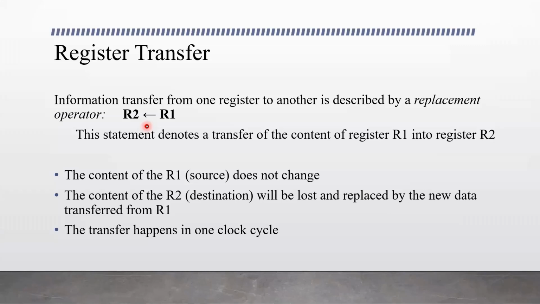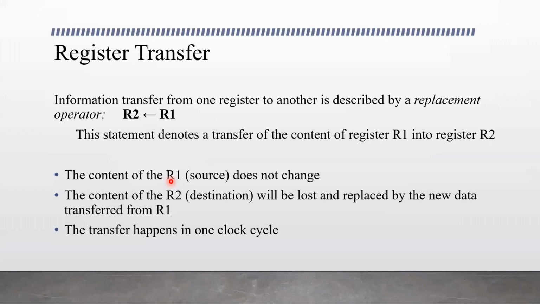As the arrow points from left to right, we say that the information transfer occurs from R1 to R2. So this particular operation denotes the transfer of content from register R1 to R2. Once this operation is performed, the content of R1 does not change. The source register will keep the same information, and it is also transferred to R2.